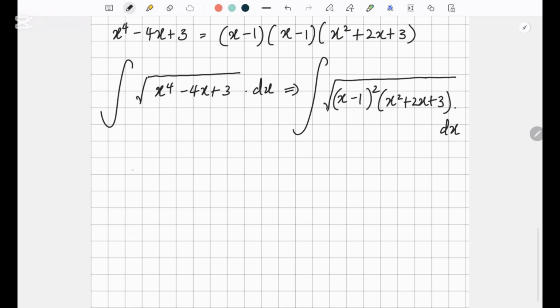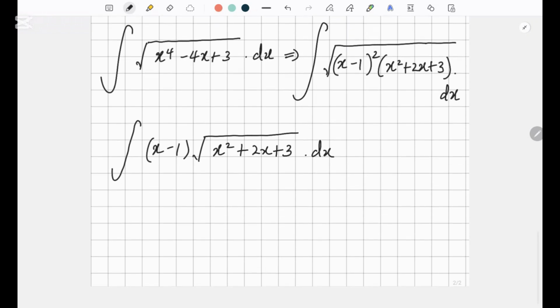Since you have the root, now your integral is going to be x minus 1 into root x squared plus 2x plus 3 dx. Easy, right?